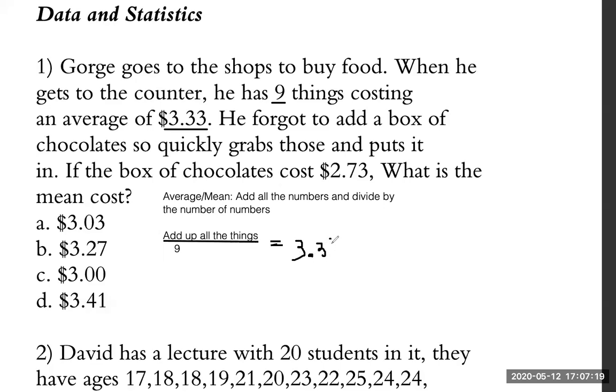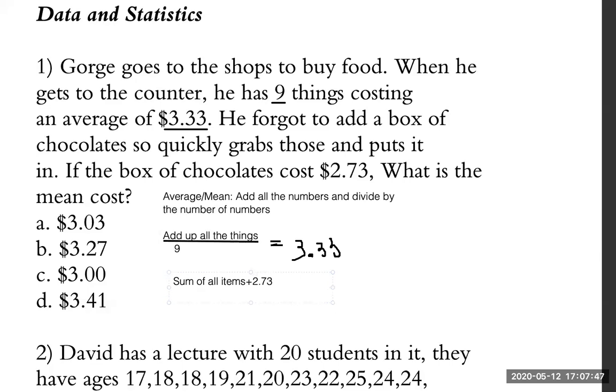But what George does is he adds one more thing. So it's the sum of all items, and then he adds chocolate. And how much does the chocolate cost? $2.73.